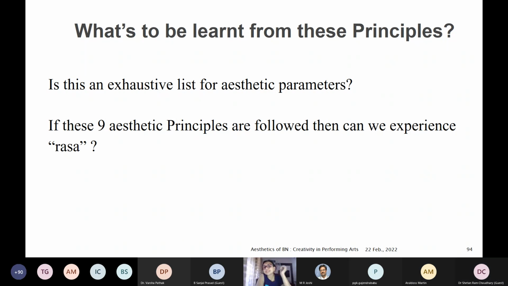Why were we looking for aesthetic parameters? Anybody can speak. I'll stop presenting. There are so many people, right? Anyone can speak?